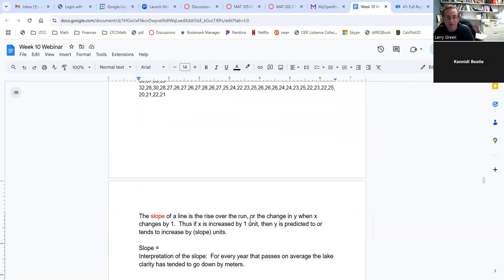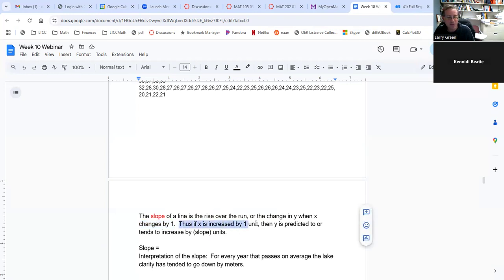The rise is a change in y, and the run is a change in x. And if you have a fraction, you can always think of the fraction as having a 1 in the denominator, and the slope will be the numerator.